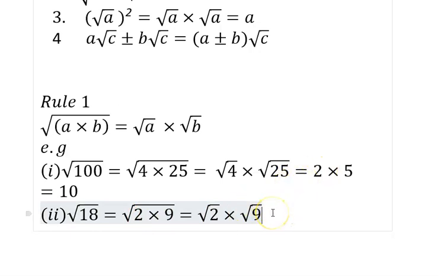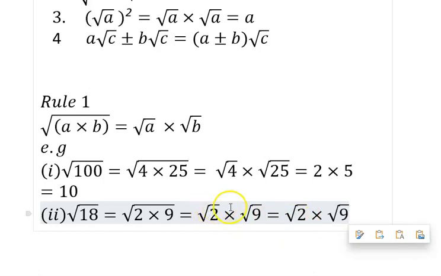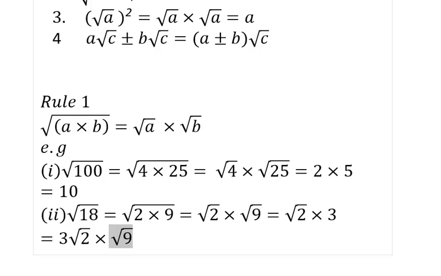Now, square root of 2 is not a perfect square, so you can only stop here for 2. But 9 is a perfect square. Square root of 9 will give us 3. Beautiful. So with that, we can now say 3 times root 2 will give us 3 root 2. Applying rule number 1.